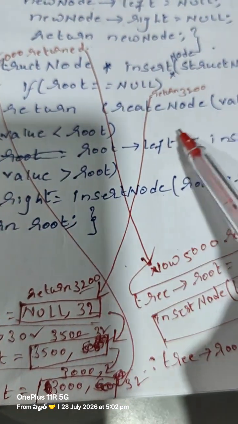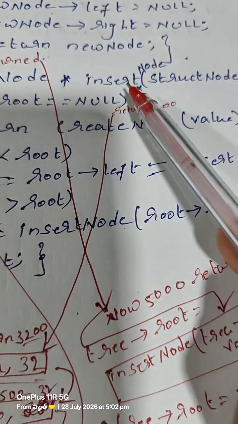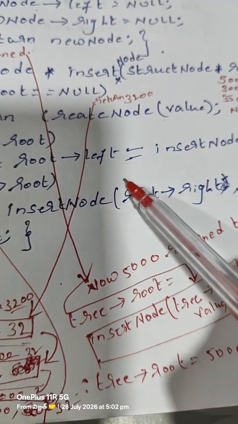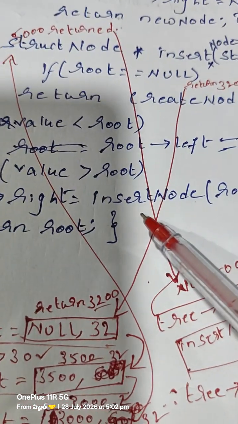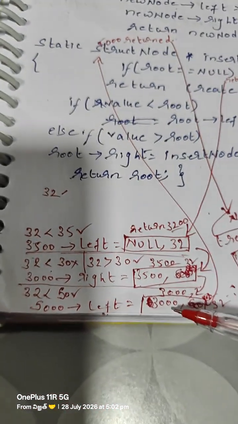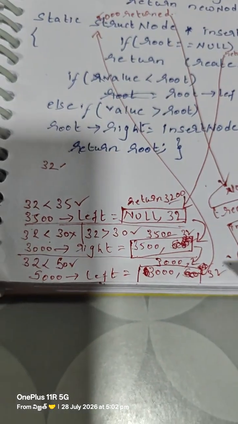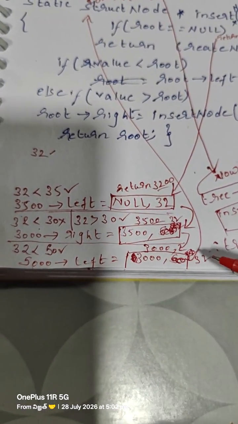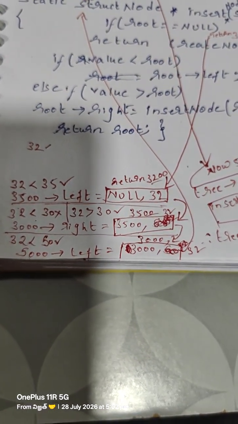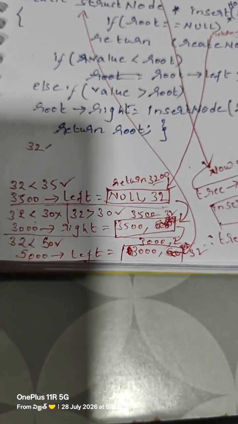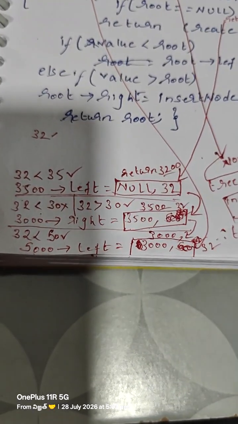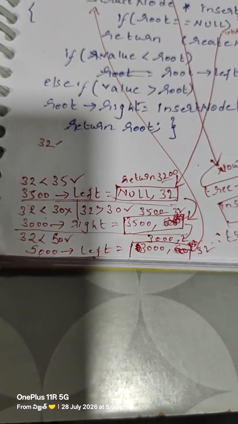Within the same function, the same insertion has been called from here, again from here, like that. How does this work inside the RAM? I already told you RAM has been divided into three parts: stack, heap, and some other data buffer.